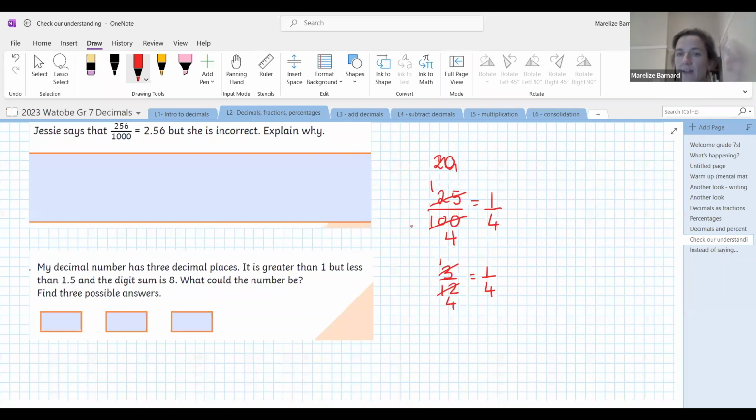So now we've simplified 3/12 to a quarter. Let's try one more. 4/8. What's the biggest number that can go into 4? 4. So 4 goes into itself once. How many times does 4 go into 8? Twice. So 4/8, we simplify to a half. Okay, you see how it works? Yes, ma'am. Okay, good.